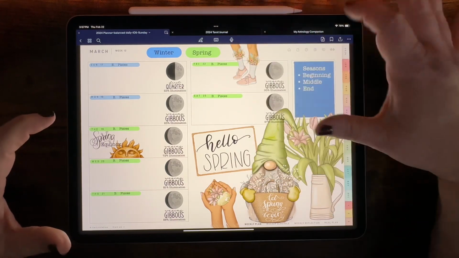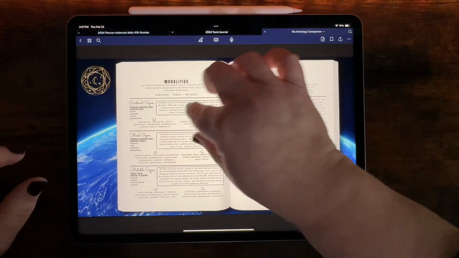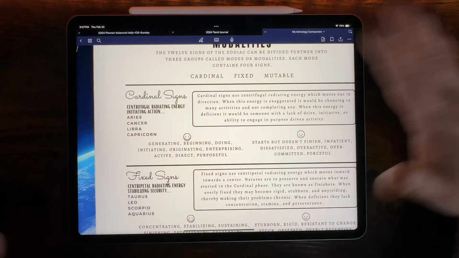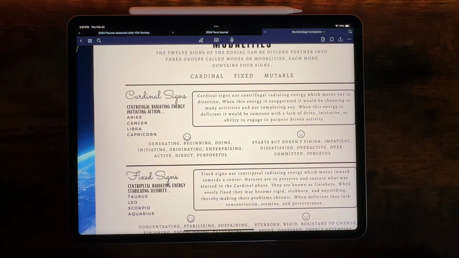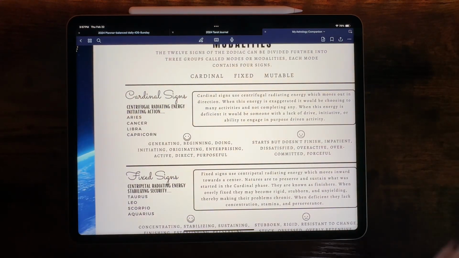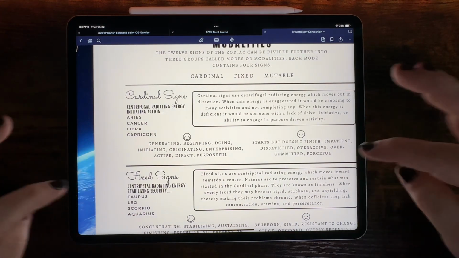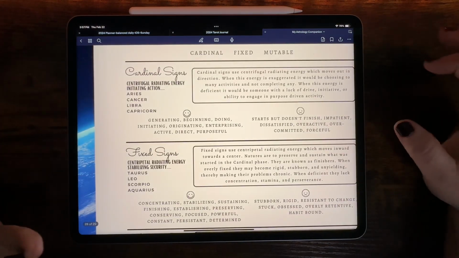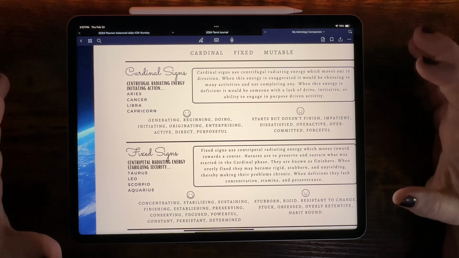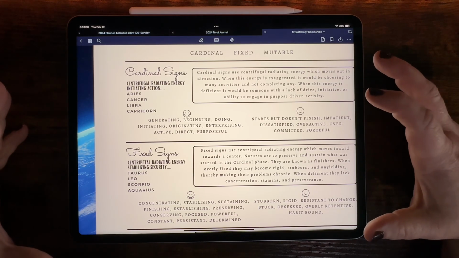So, when we go back to this, I did the whole year and went through and separated what is the beginning, middle, and end of each season and what signs are in them. Keep in mind, we're roughly 24 degrees off right now from what it was 2,000 years ago.